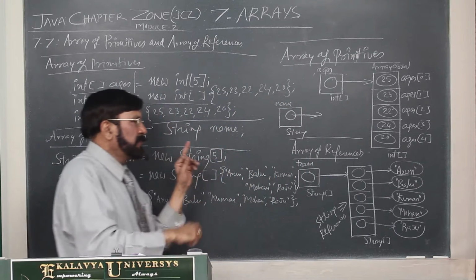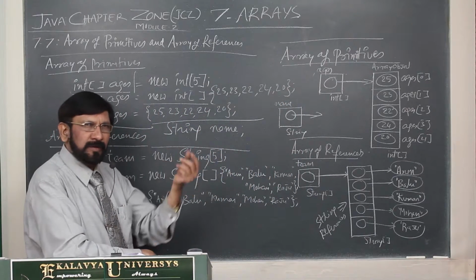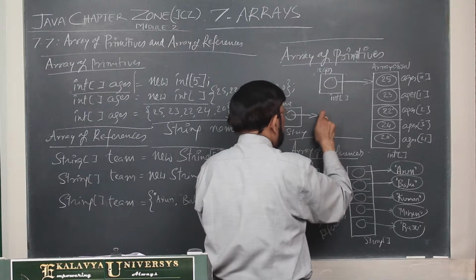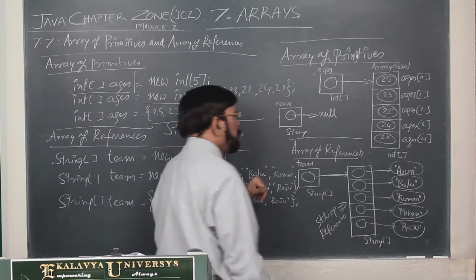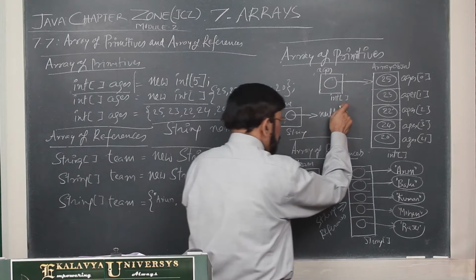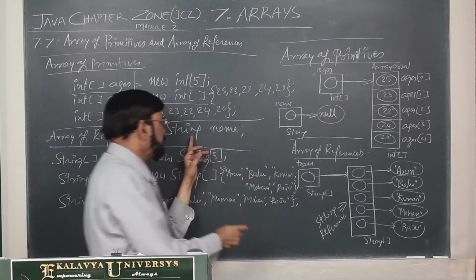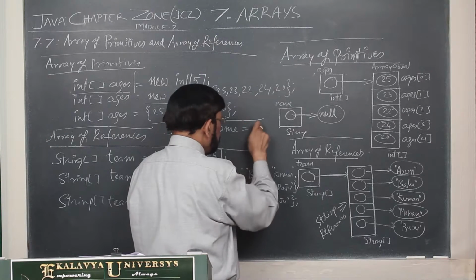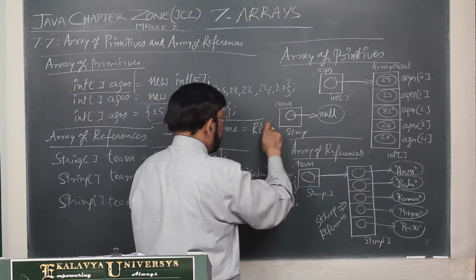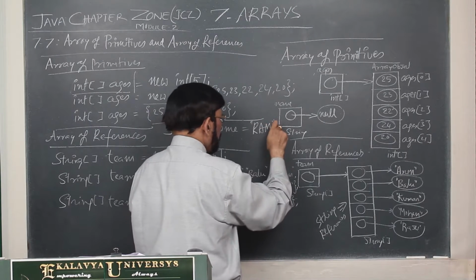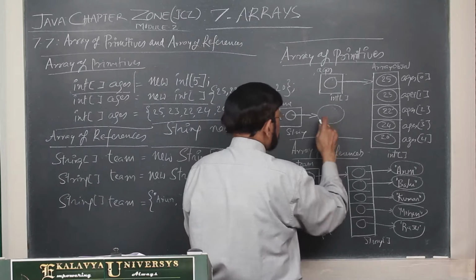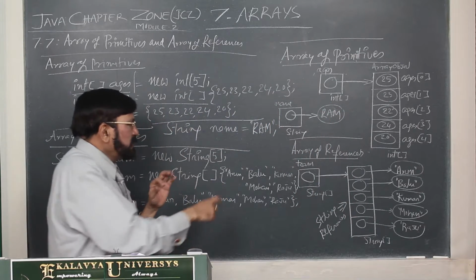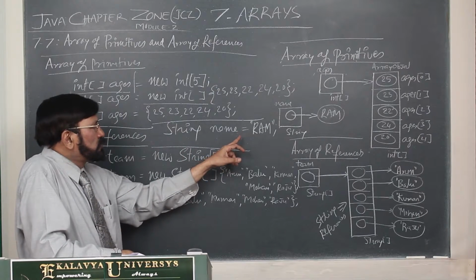And you must remember, what is the default value of a class reference? That is null. The null literal, you have to understand, because I didn't initialize that. Now I want to initialize it with a name, rom. Then what happens? This is the picture. For this purpose you need not use new and all that.